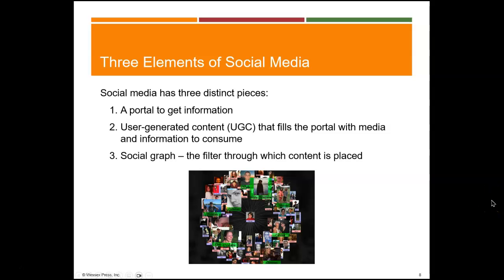The 3 elements of social media include a portal to get information, user-generated content that fills the portal with media and information to consume, and the social graph, the filter through which content is placed.